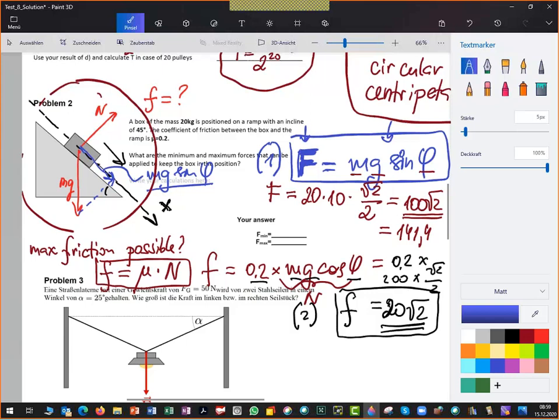But what if you make this force a little bit less than mg sine phi? So you still use your finger, but you make it a little bit less, maybe 1 micronewton less. Of course, in this moment, the friction force will appear in your system, and it will oppose you, and it will still prevent the body from moving.